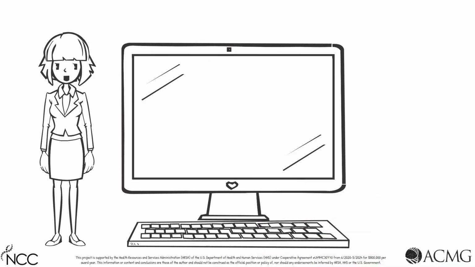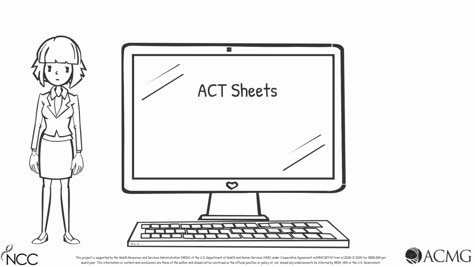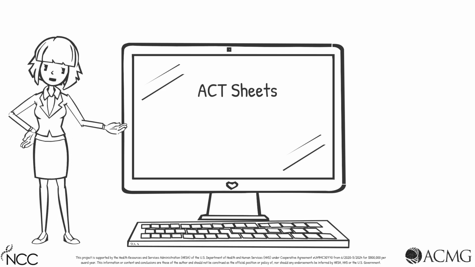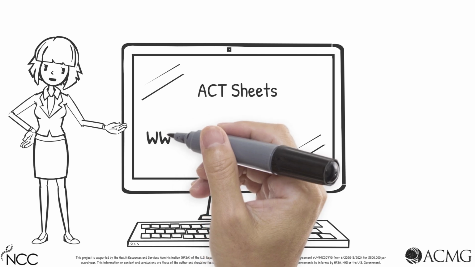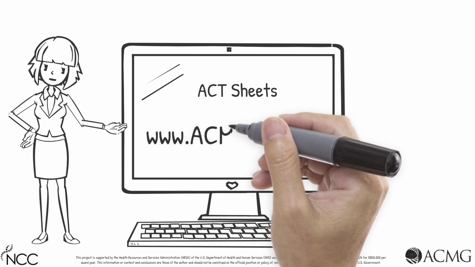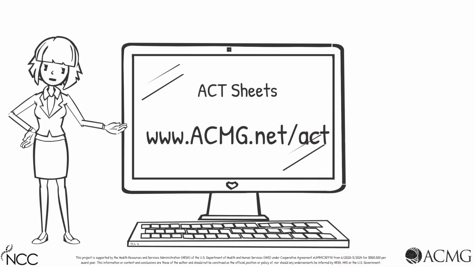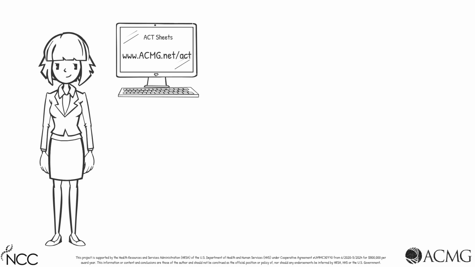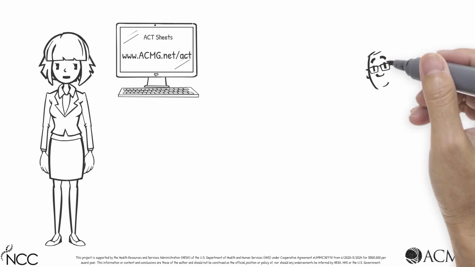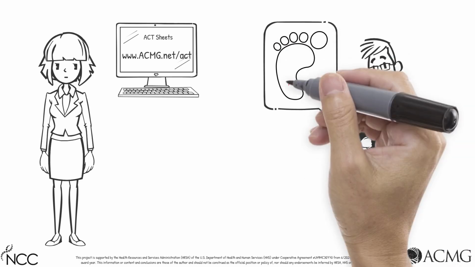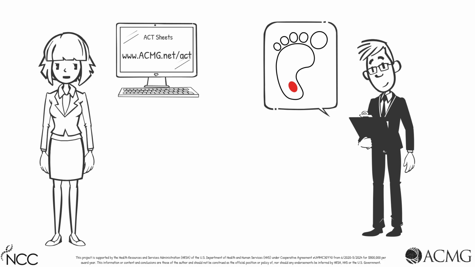This session is a companion to the Alpha Thalassemia ACT Sheet, which is freely available at www.acmg.net/ACT. ACT sheets are intended to be immediate resources for providers who encounter positive newborn screening results.